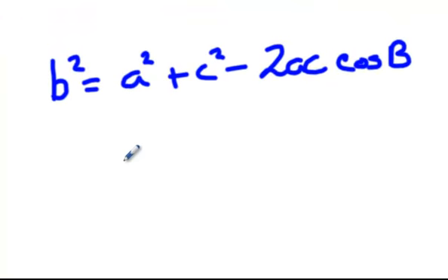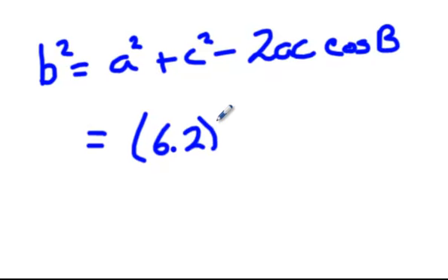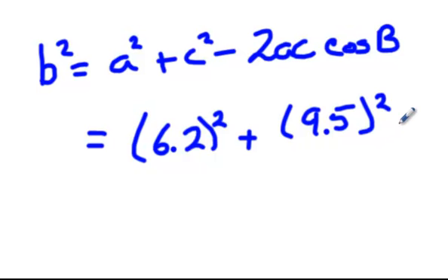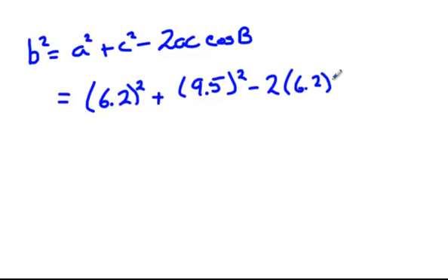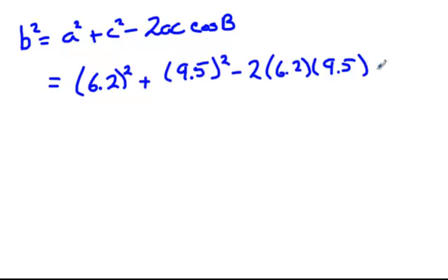I have all the other information, right? So this is going to be 6.2 squared plus 9.5 squared. The 6.2 and the 9.5 were given to us in the problem, minus 2 times 6.2 times 9.5 times the cosine of 75.33.